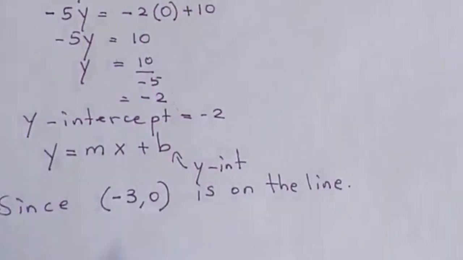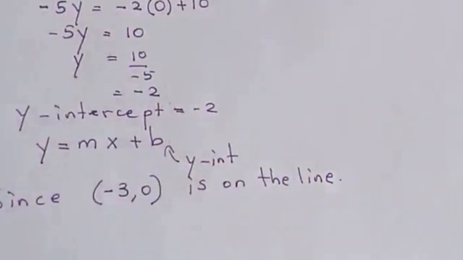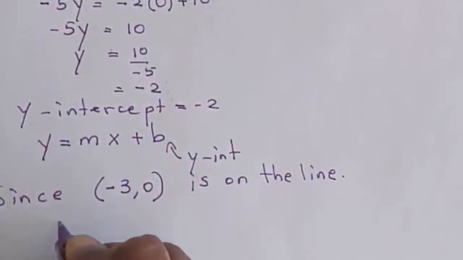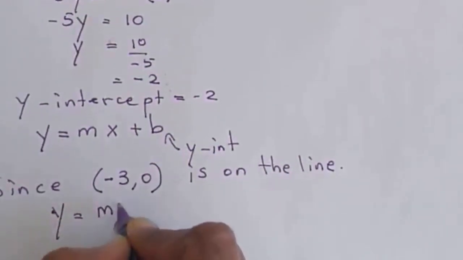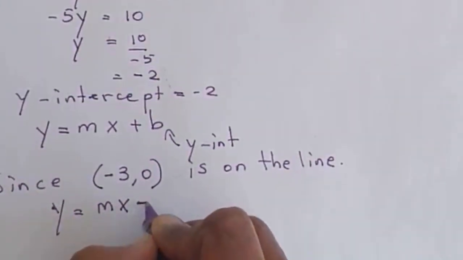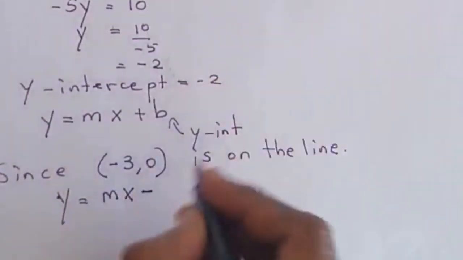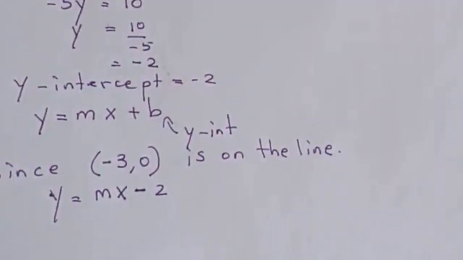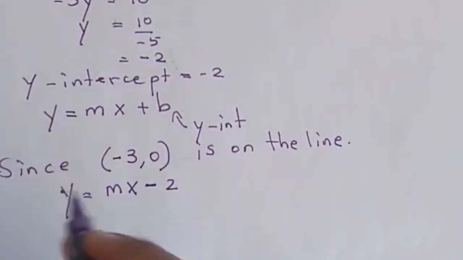I'm going to substitute these two values into the equation so that I can find what the slope is. Let's write the equation so that we know what we're working with: y equals mx plus b. I have to replace the b with negative 2, and for y and x, I'm going to substitute these values.